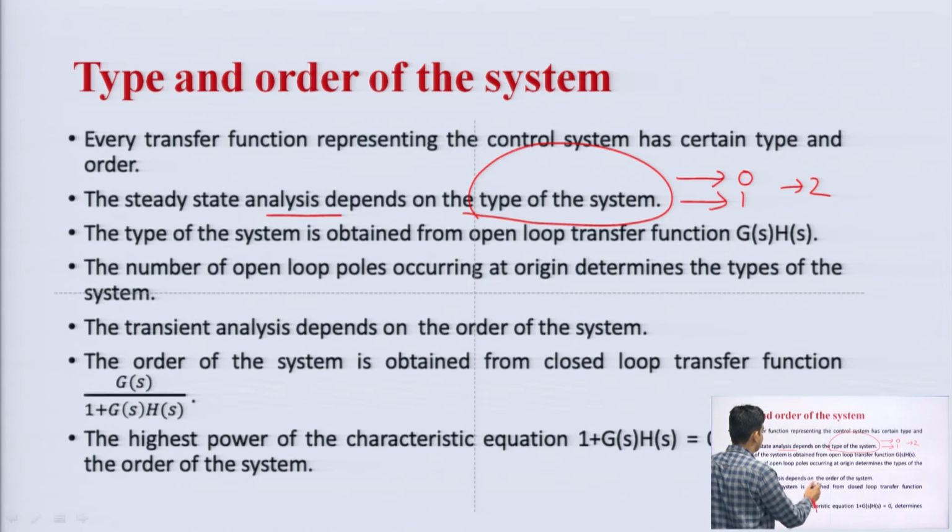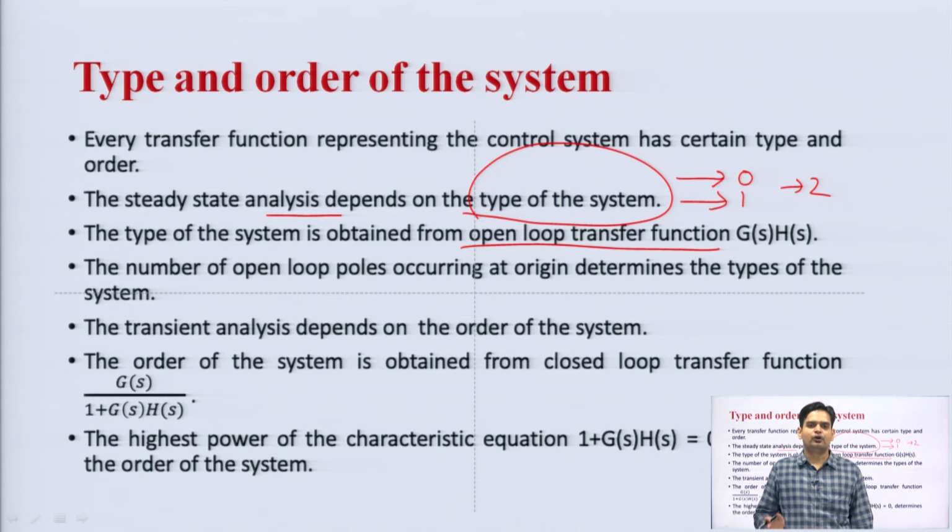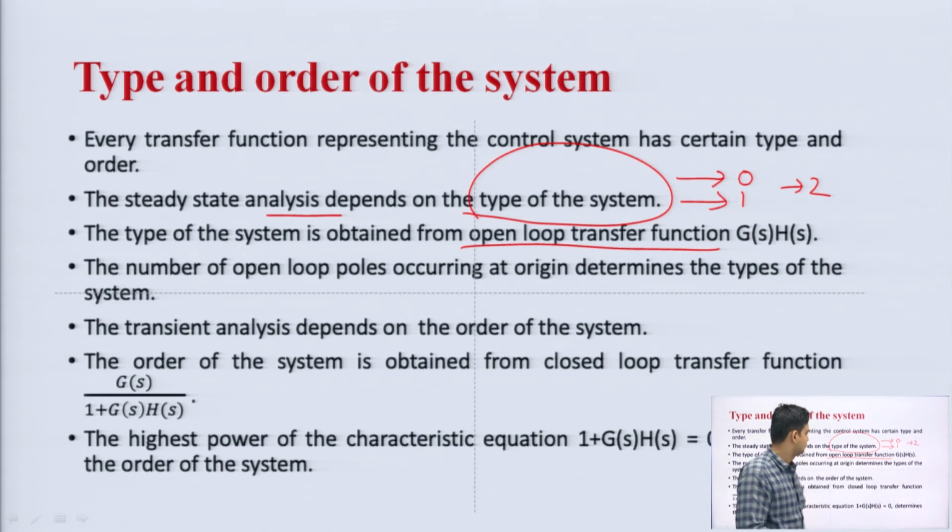The type of system is obtained from the open loop transfer function, G(s)H(s). Whenever you need to calculate the type of the system, you have to observe the expression of the open loop transfer function, and from there you can get the type.